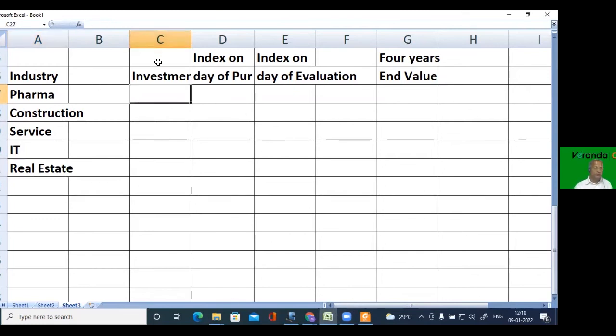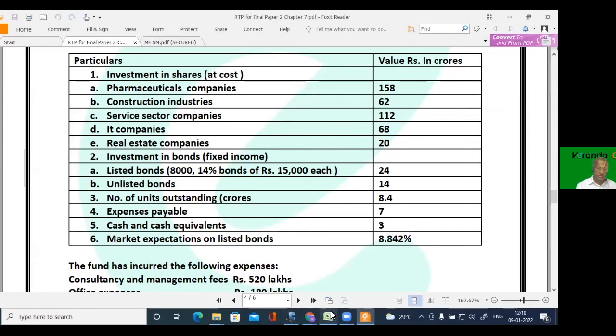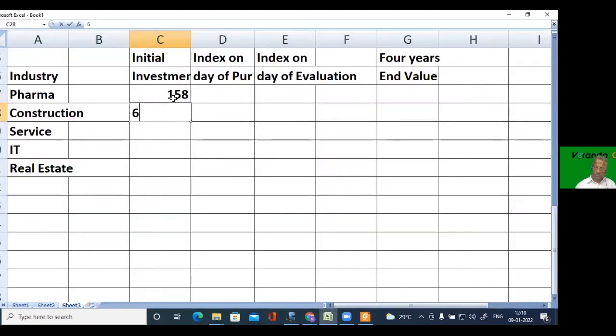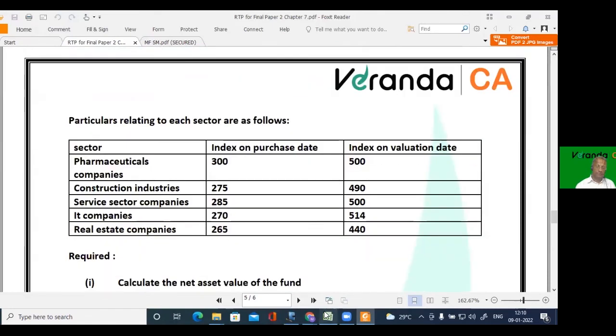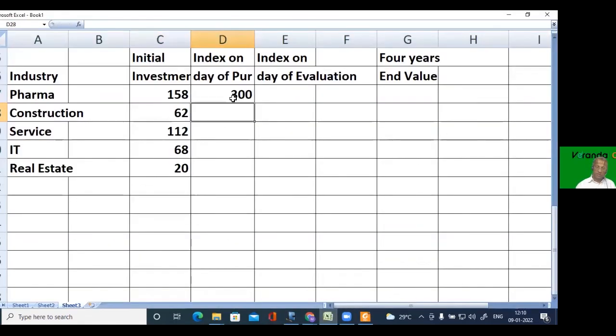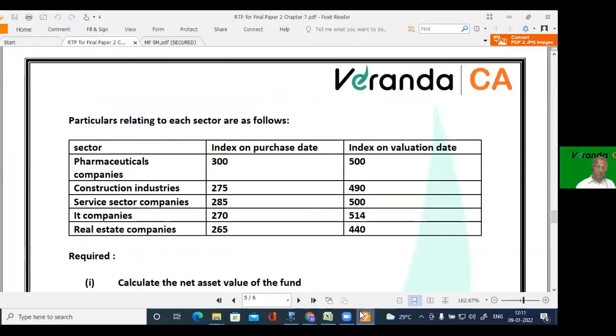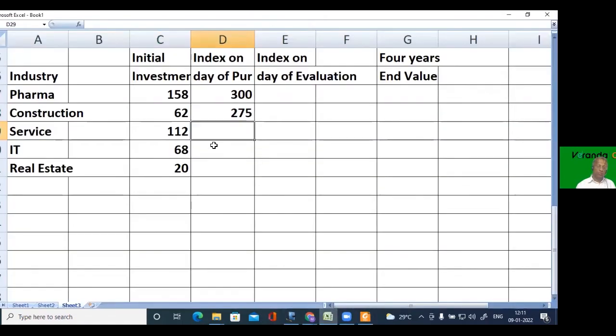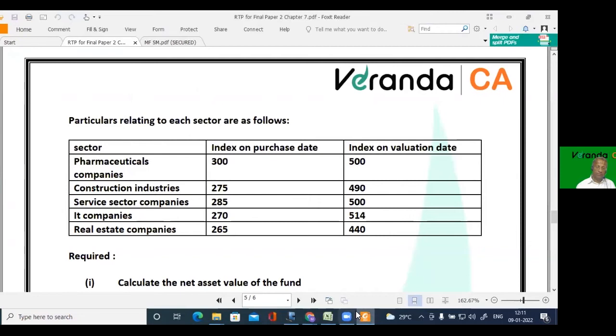Initial investment: 158, 62, 112, 68 and 20. Index on the date of purchase: 300, 275, 285, 270, 265.